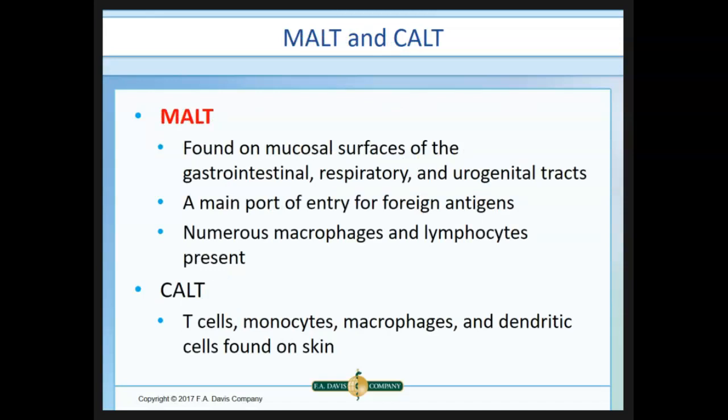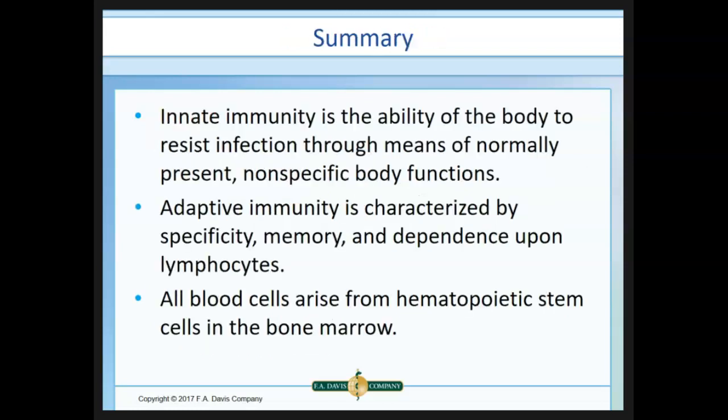Mucosal associated lymphoid tissue is found on mucosal surfaces like the GI tract, the respiratory and urogenital tract. It's a main port of entry for foreign antigens, and it has a lot of macrophages and lymphocytes. And we're also going to learn about some antibodies that are there. Another spoiler alert. It's so exciting.